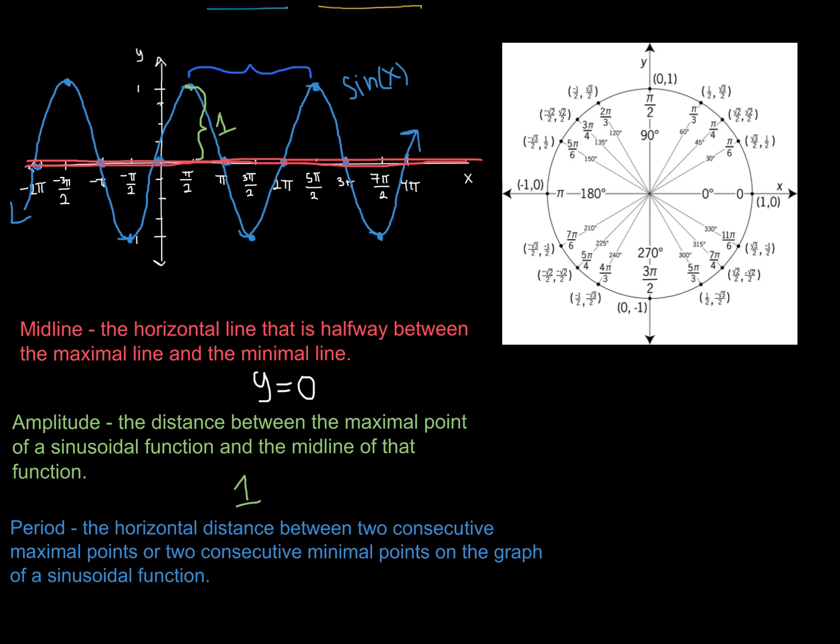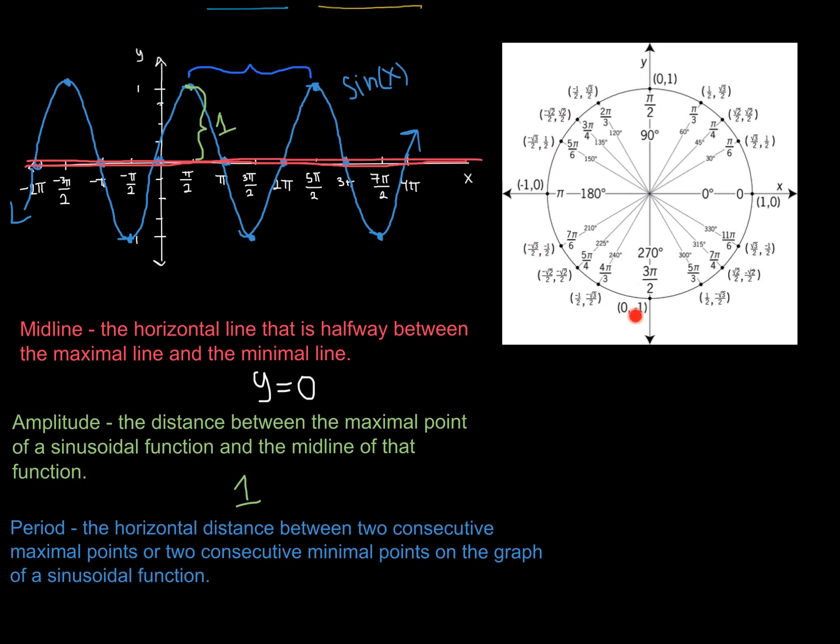And to help us think about that, let's consider our unit circle. So at pi over 2, here's pi over 2, and the maximum value is 1. And how long will it take me to get back to another maximum value? Well, as I rotate around and around, notice that I have to go all the way around the circle to get back to that maximum value of sine where it's 1. So if I go all the way around the circle, how many radians have I traveled?